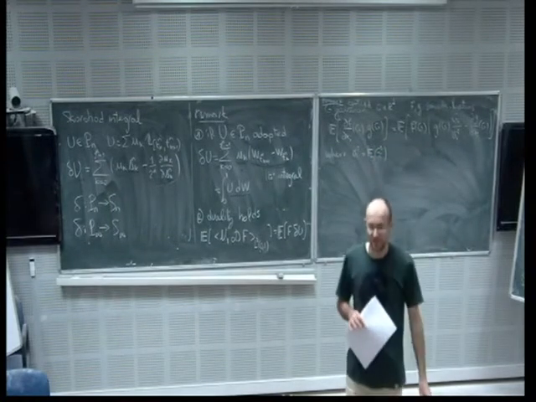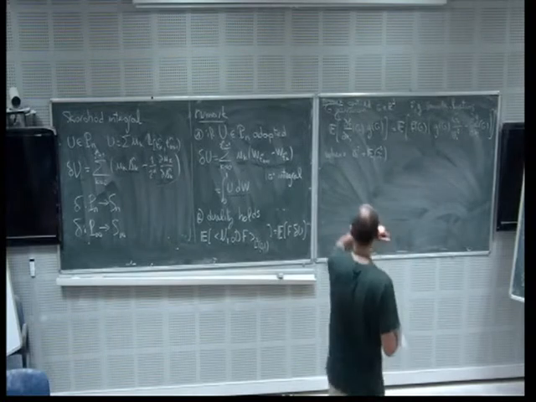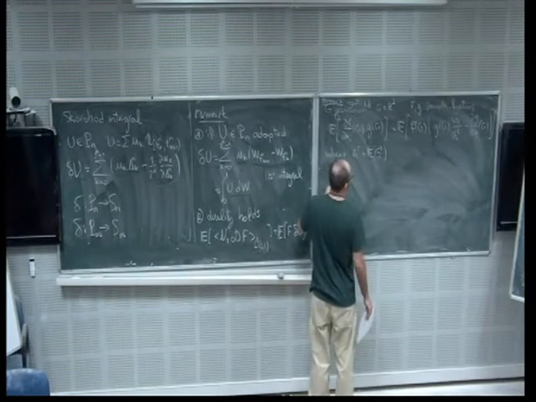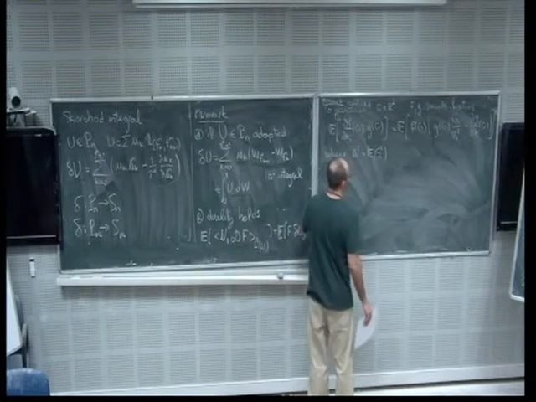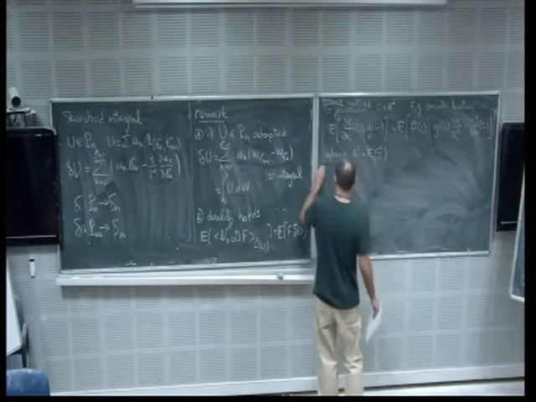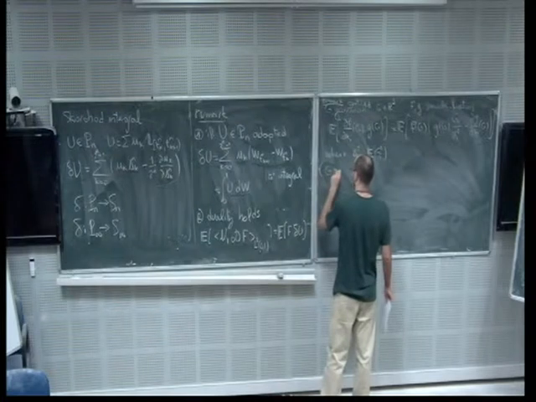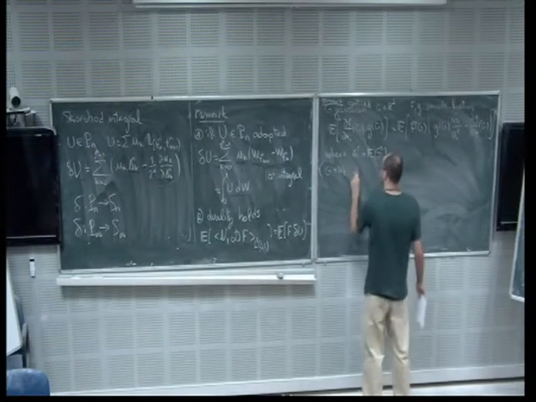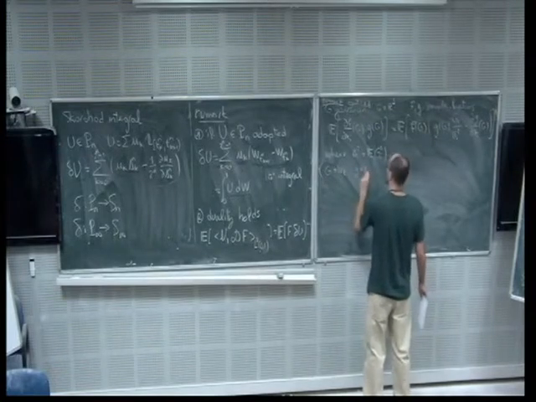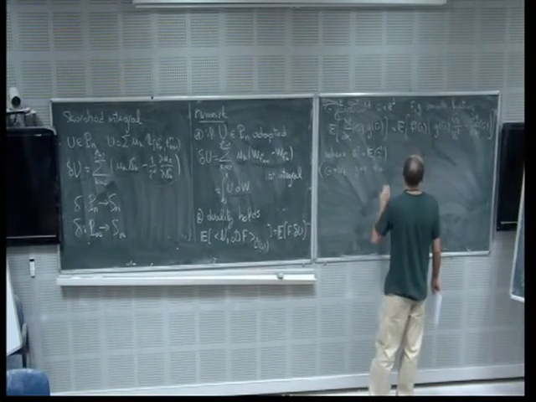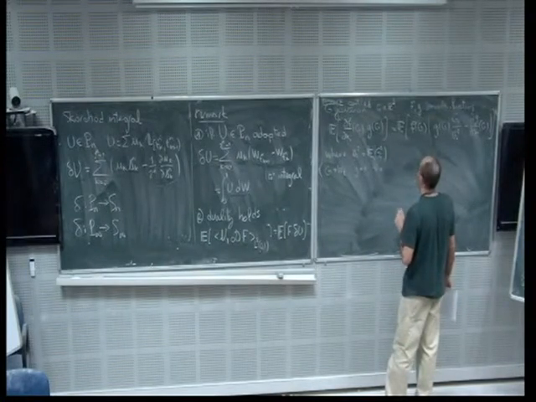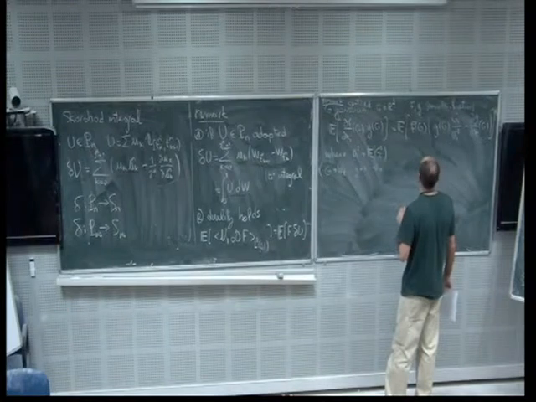Okay, so we already saw this. If you take G equal to one-dimensional W_t, and you take g equal to 1, and you take f equal to, I don't remember.